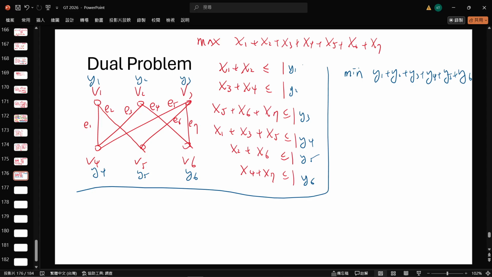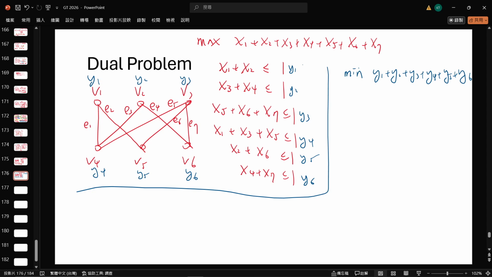Now let's consider the coefficients. The constraint corresponds to the coefficients of the original problem. The constraint is to make sure that we get an upper bound for the objective function. So we want to make sure that when we compute the weighted combination, the coefficient of x1 is at least 1, and the coefficient of x2 is at least 1, and so on and so forth.